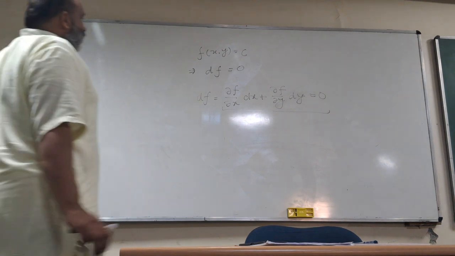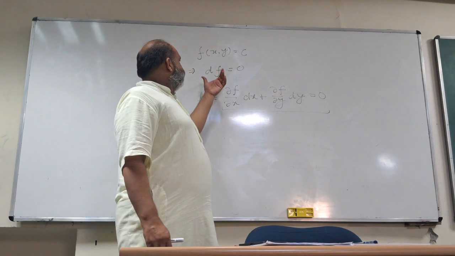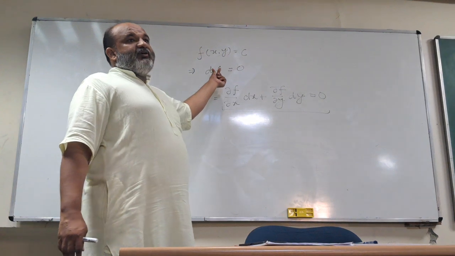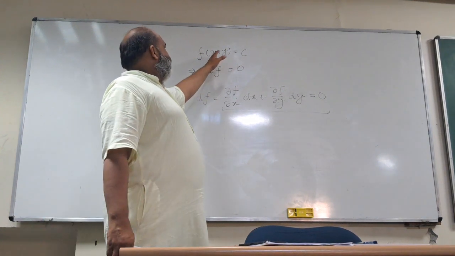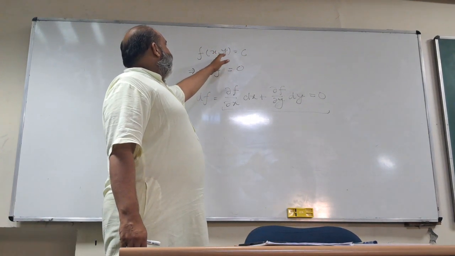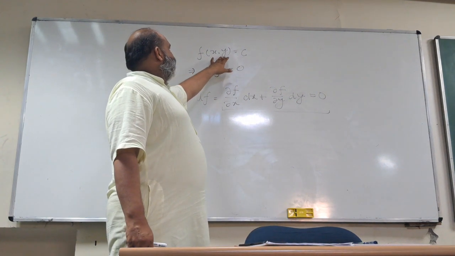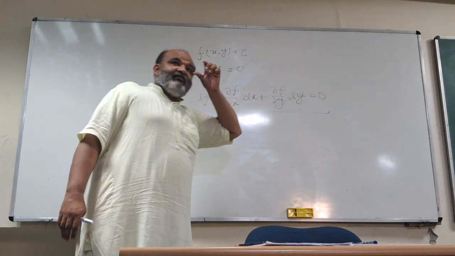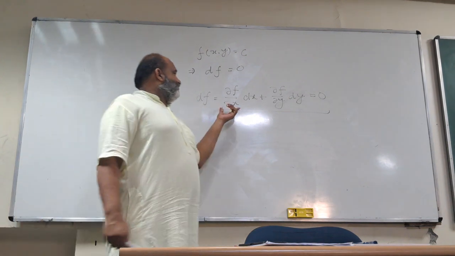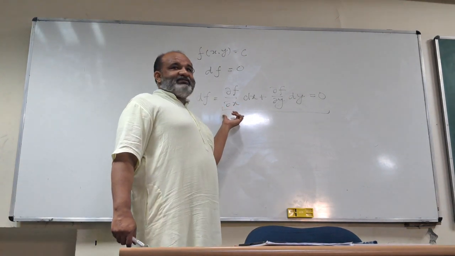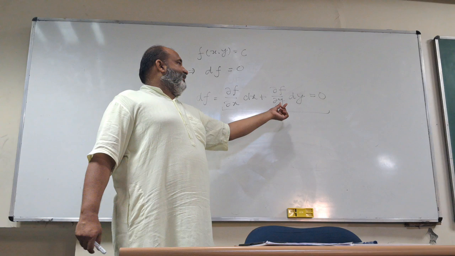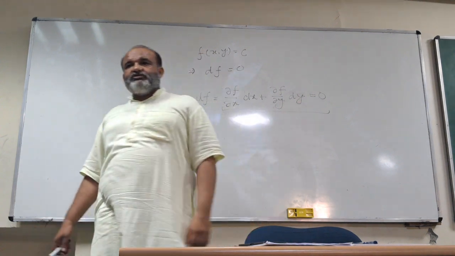So here, what is in this situation? If I am given some function f, the relationship between x and y expressed implicitly as f(x, y) equal to c, I shall have a differential equation in this form: del f over del x into dx plus del f over del y dy is equal to 0.